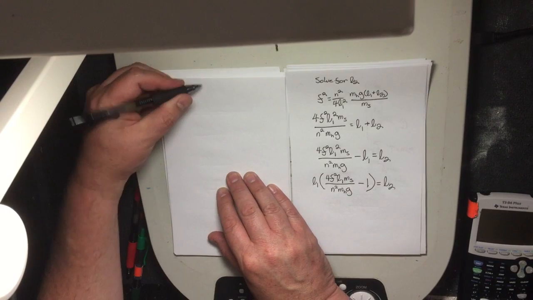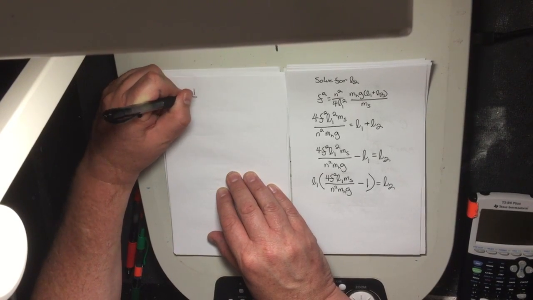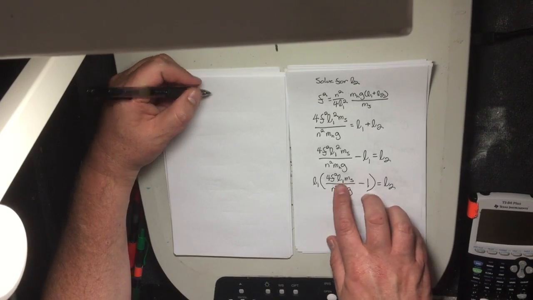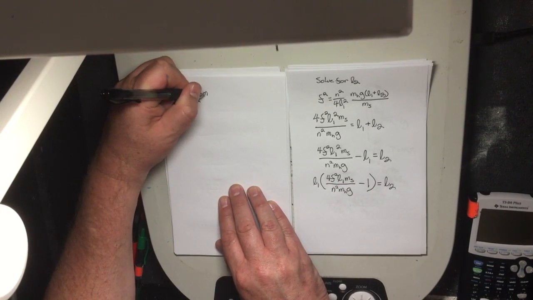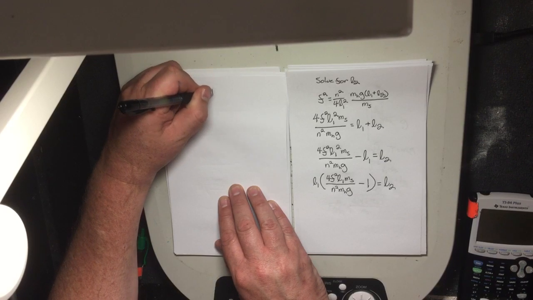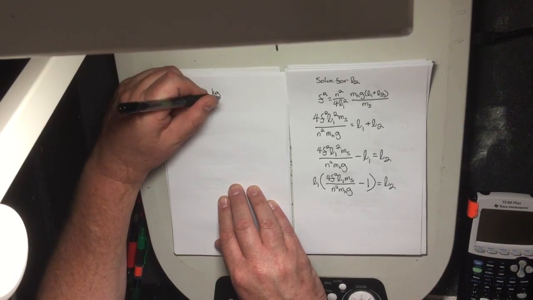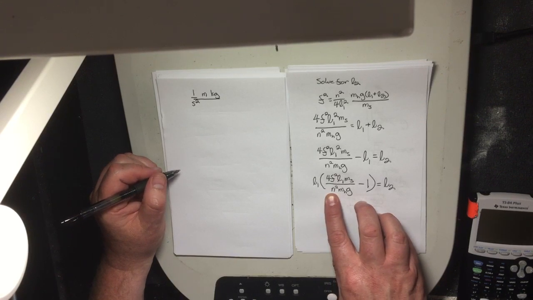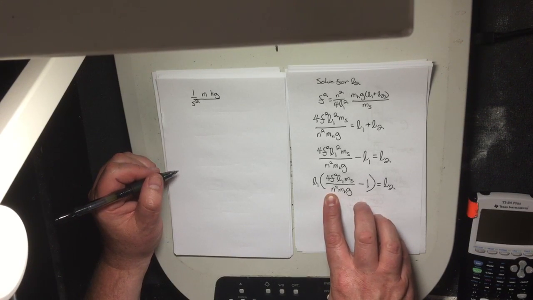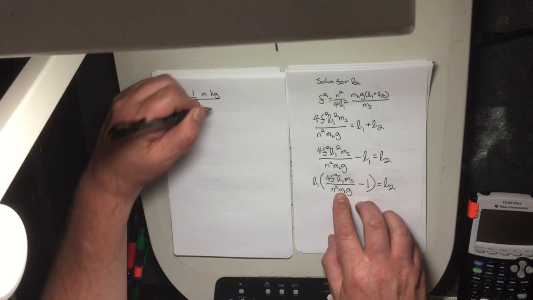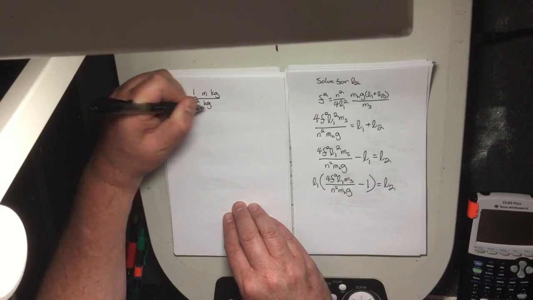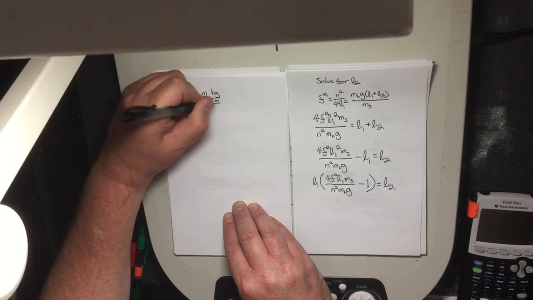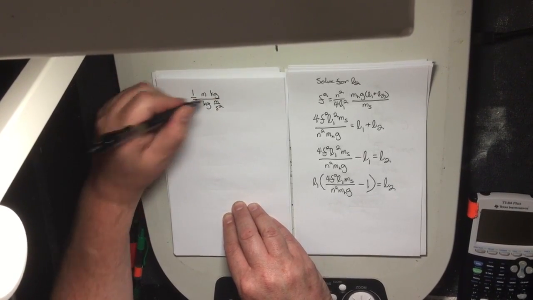Well, f squared is inverse seconds squared. Length gives you meters. Mass is in kilograms. N squared has no units, that's just a number. mH is in kilograms, gravity is meters per second squared.